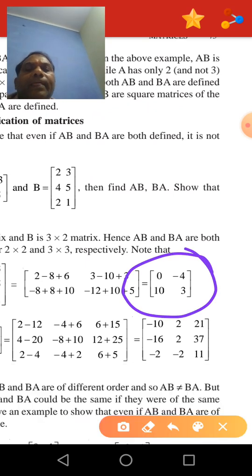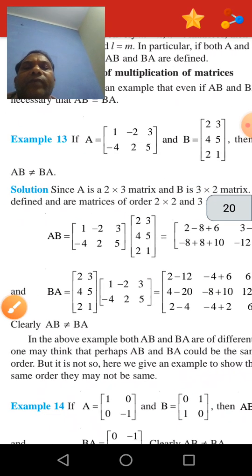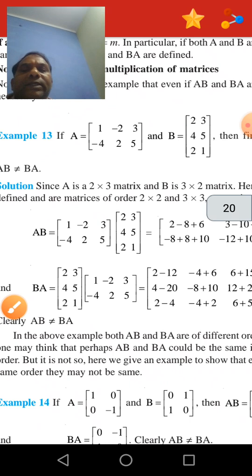Clear? Now find BA. Similarly you can find BA.